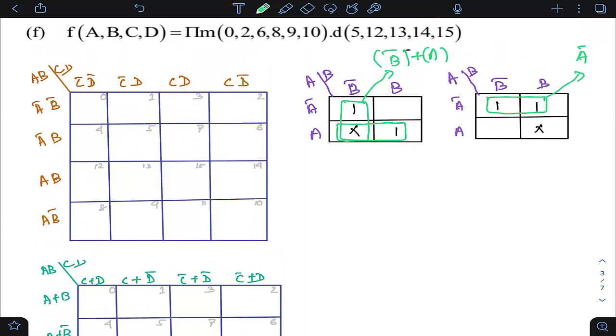Okay, now in this case, let us plot the map first. 0, 2, 6, 8, 9, 10. Don't care 5, don't care 12, 13, 15 and 14. So these are the corresponding don't cares.